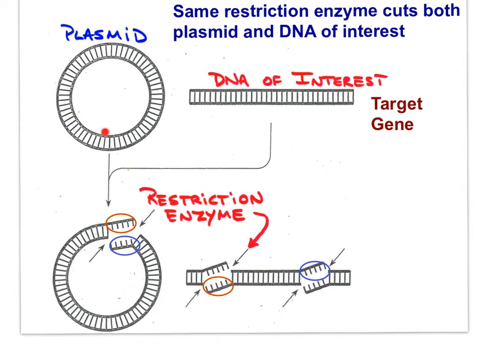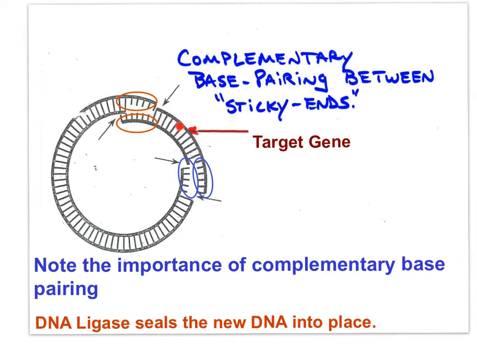Now, both the plasmid and the DNA of interest are cut with the same restriction enzyme. Each DNA molecule has the same sticky ends. The target gene joins the plasmid, the sticky ends have complementary base pairing, and ligase seals the gaps between nucleotides here, here, here, and here.